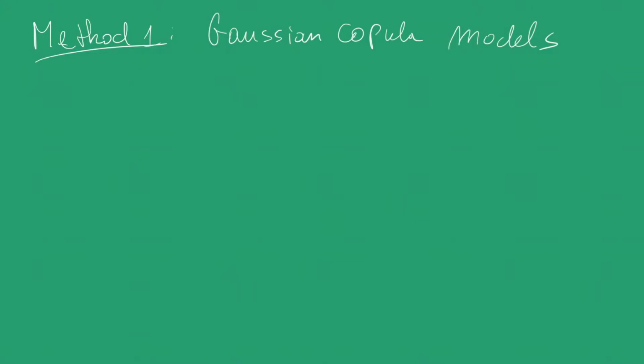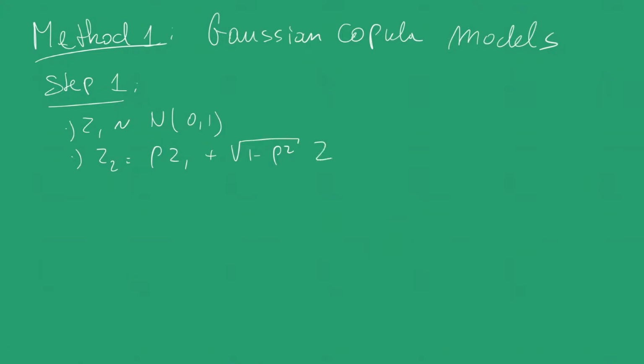So we start as follows. Step 1 is we determine the random variable z1, which has a normal distribution with mean 0 and standard deviation 1. We call such a random variable a standard normal random variable. Then we determine z2 as a linear combination between, on the one hand, z1, and on the other hand, a new random variable z, where z is also standard normal, and z is independent of z1.